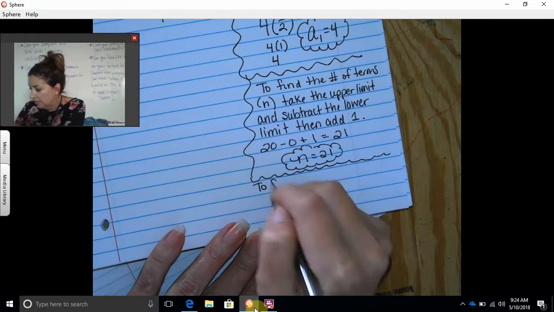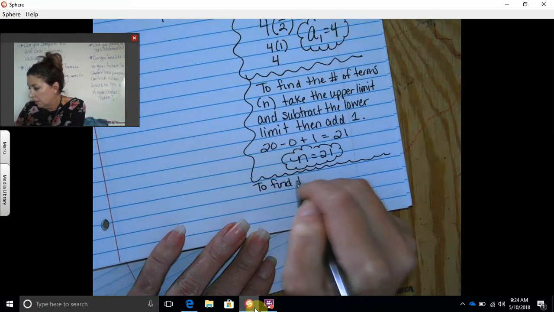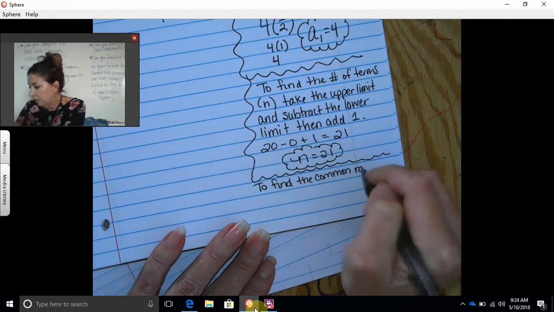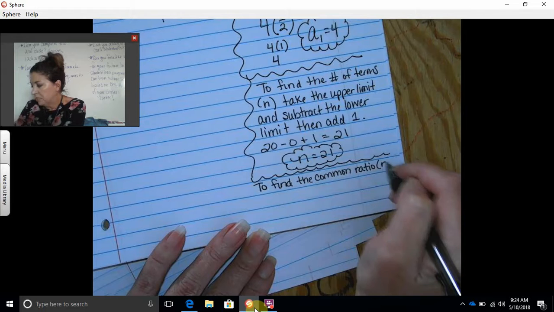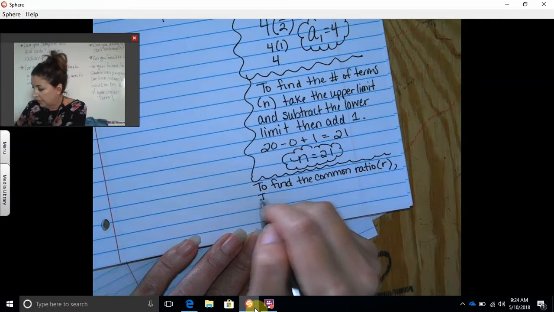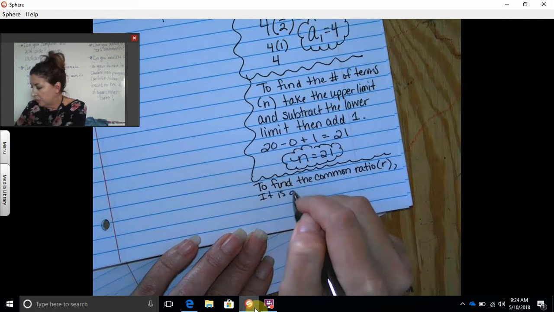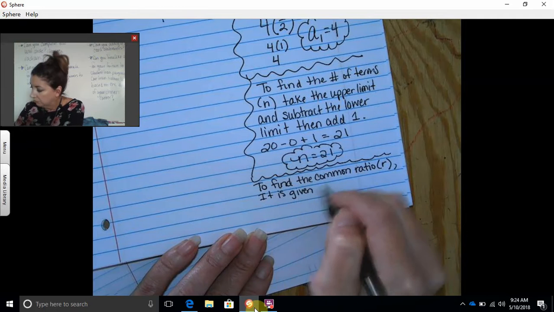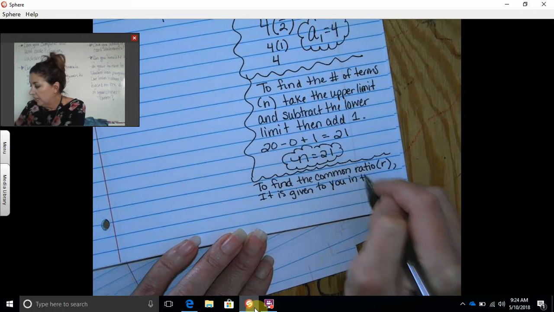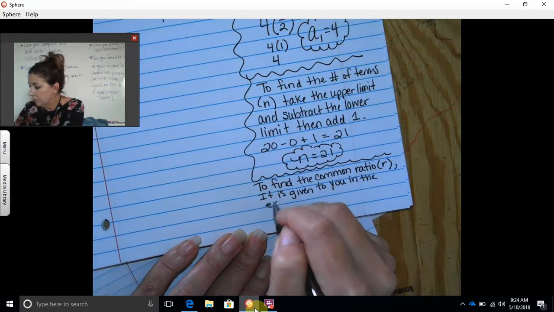So we're going to write it though. To find the common ratio, which I'm going to put in parentheses r, it is given to you in the explicit formula.